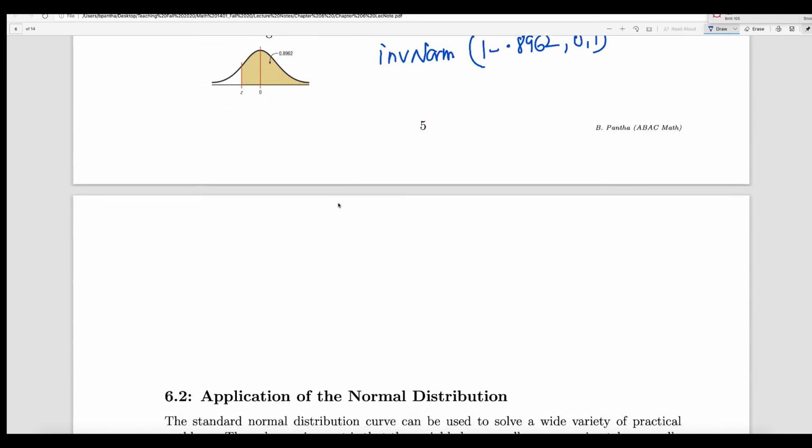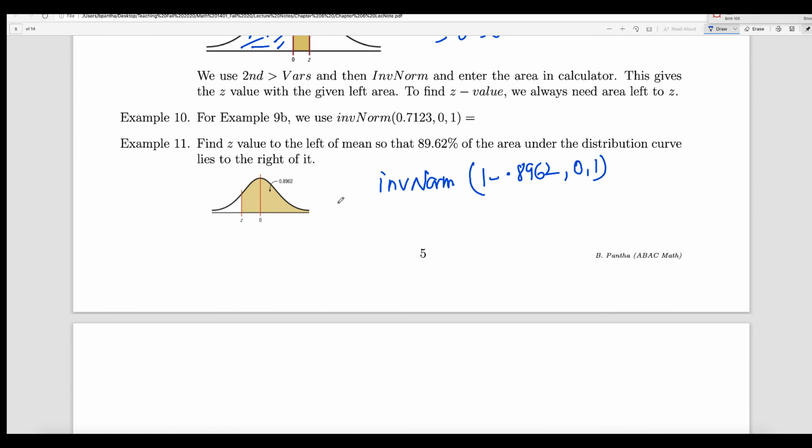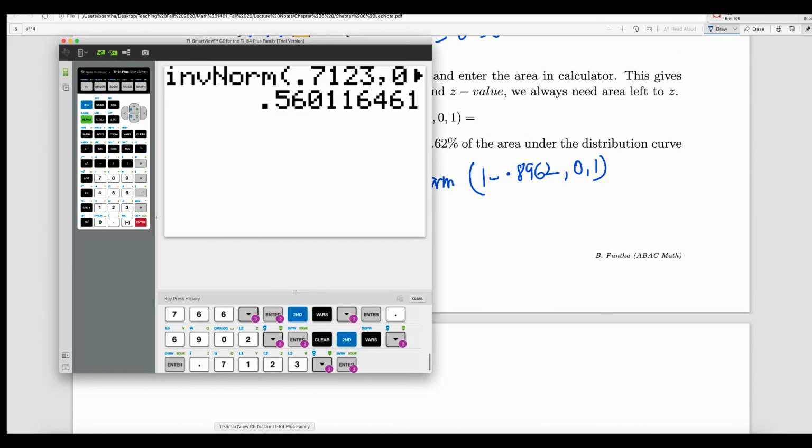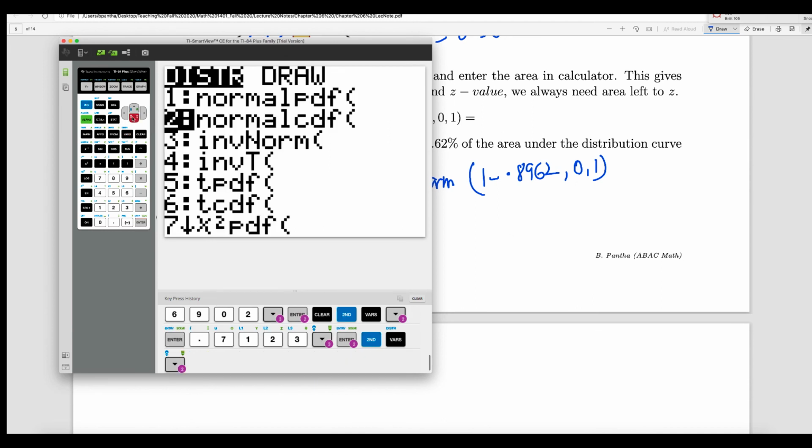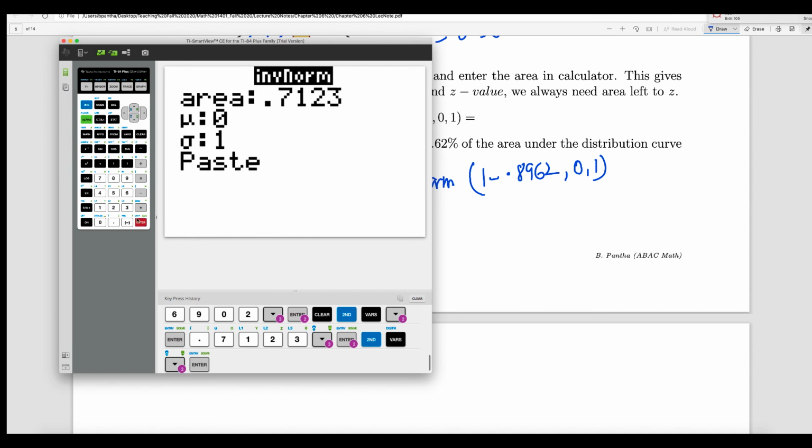So if you do that, then you will get the answer. Let me show you that. Your answer will be second, vars, inverse norm, right? You do 1 minus 0.8962. If you enter that, hit enter, enter, enter.